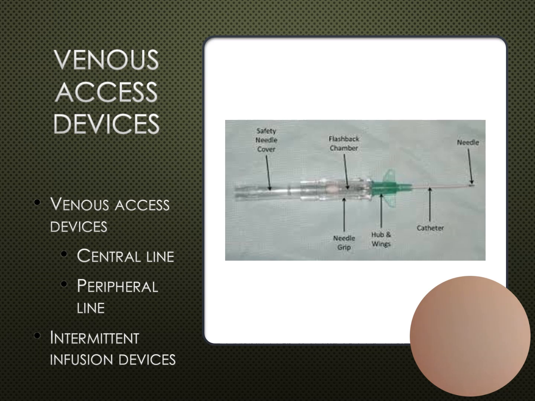Therapies that are not appropriate for short peripheral catheters include a continuous vesicant therapy, chemotherapy, parenteral nutrition, also called TPN, infusates with a pH that is less than 5 or greater than 9, or an osmolality greater than 600.